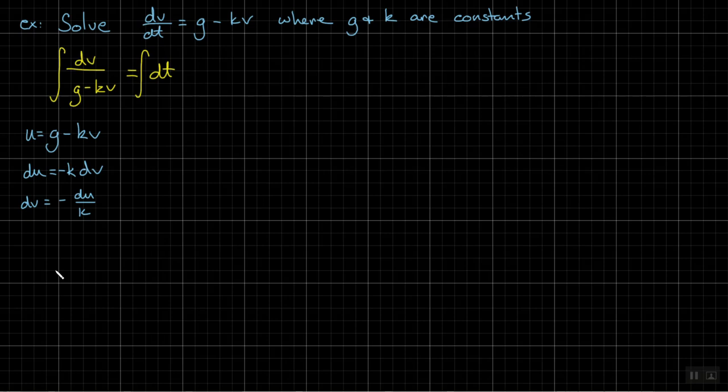Now, when I actually write this, and whether you write it or not is up to you, I would write g minus kv, especially if you're struggling, and then dv I would normally write here. That way it's easier to see it's negative du over k, and the constant is more obvious. But Fern, nice job. If you do not have to write this to get the right constant, I'm okay with it. And that equals, I suppose I can help with this one, t plus C.